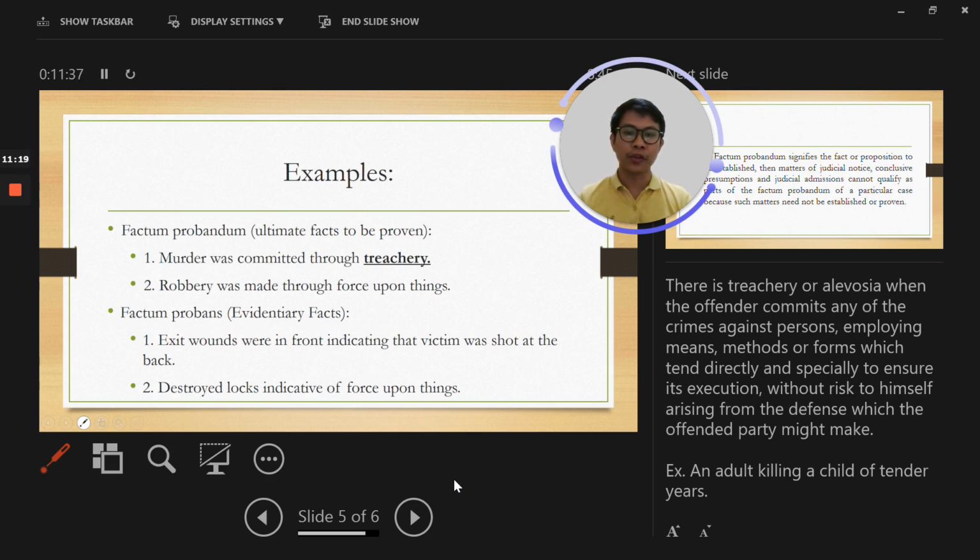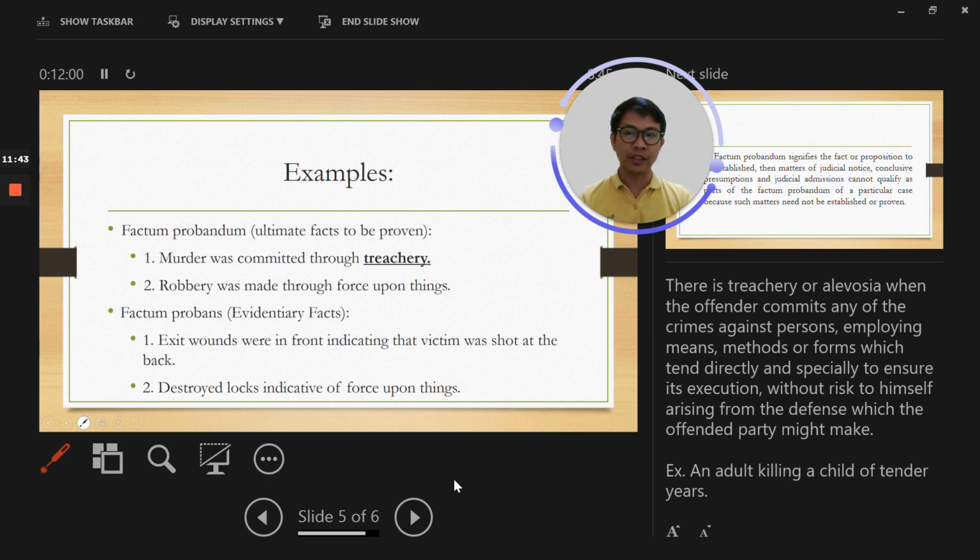In this case, for robbery through force upon things, the factum probans would be that the locks were destroyed, which indicates that there is force upon things.